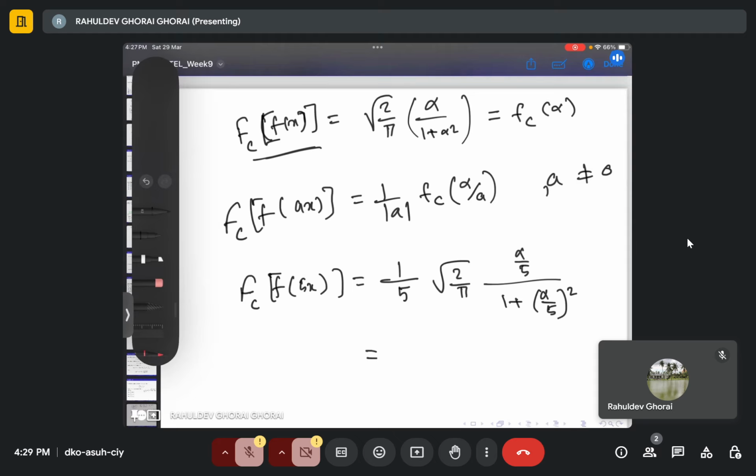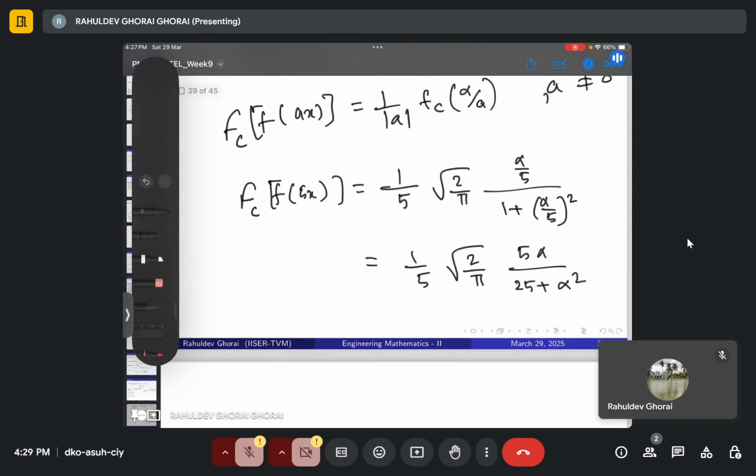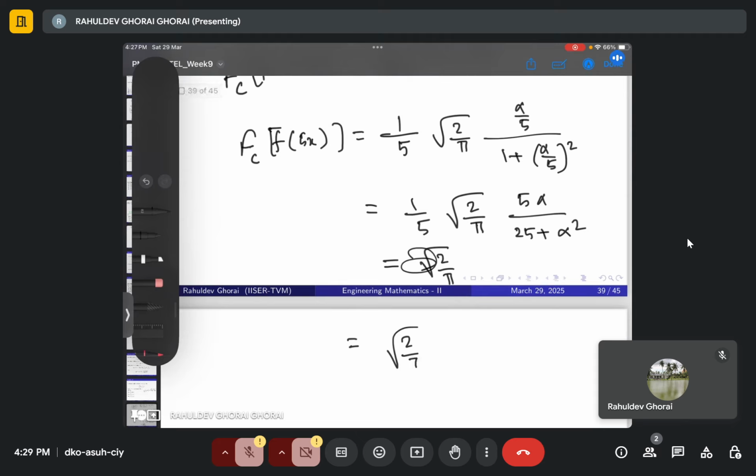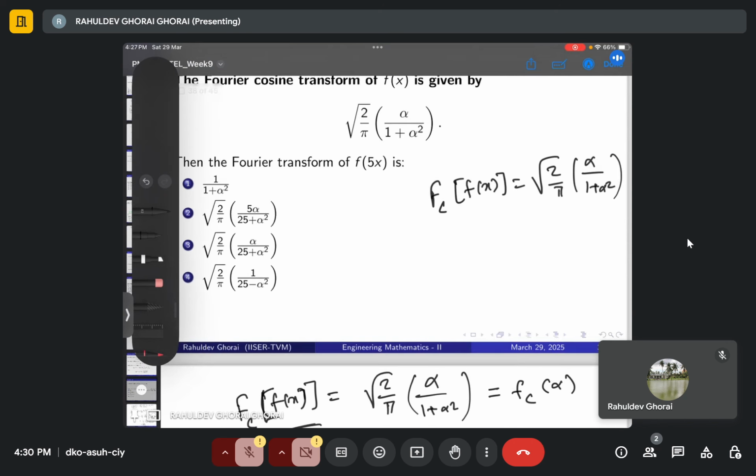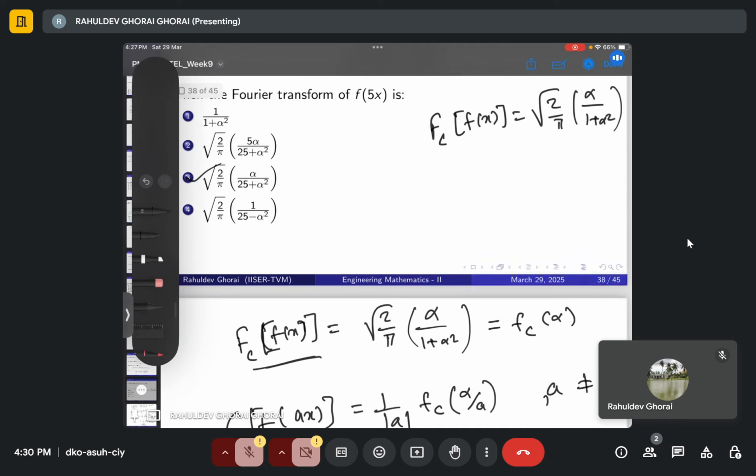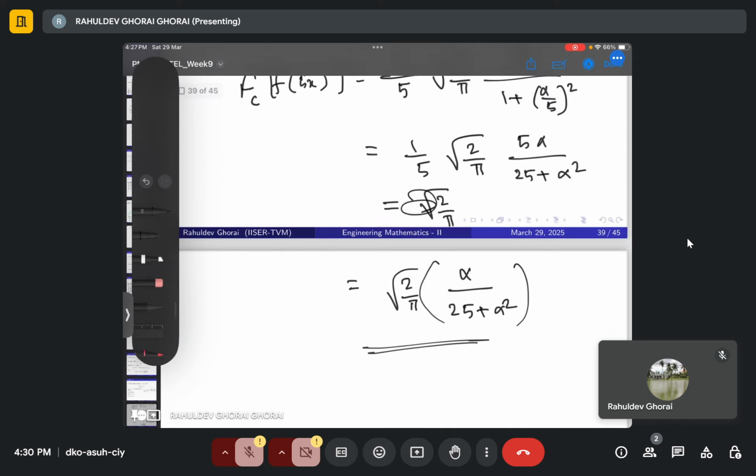That gives 1 over 5 times square root of 2 over pi times 5 alpha over 25 plus alpha square, which is square root of 2 over pi times alpha over 25 plus alpha square. So the third answer should be correct.